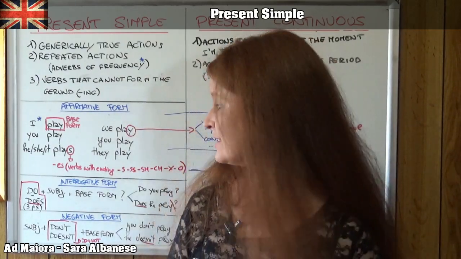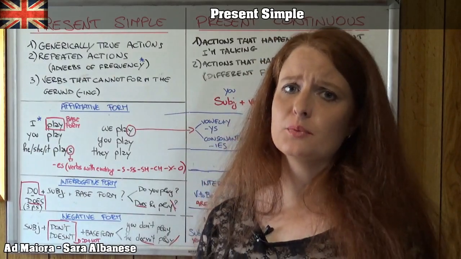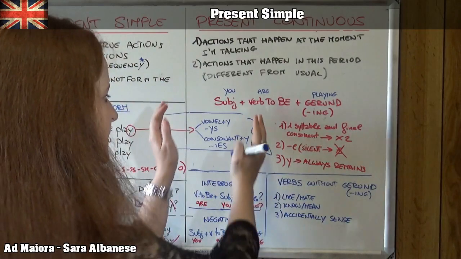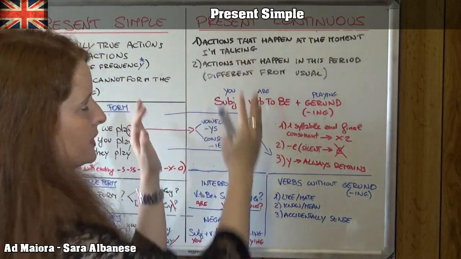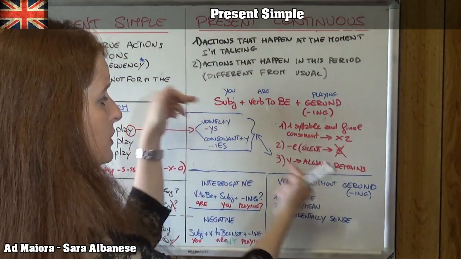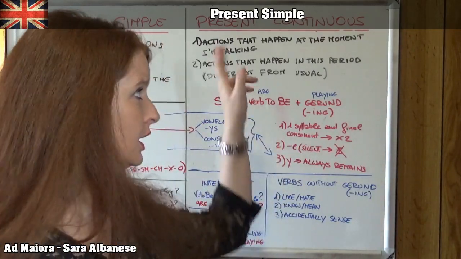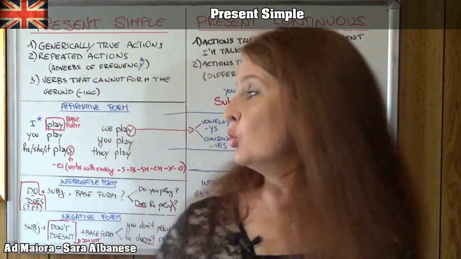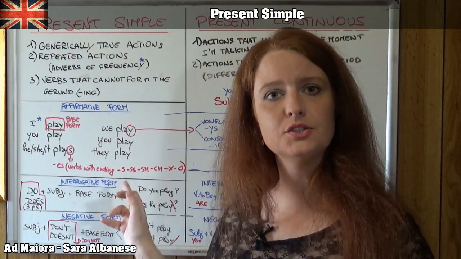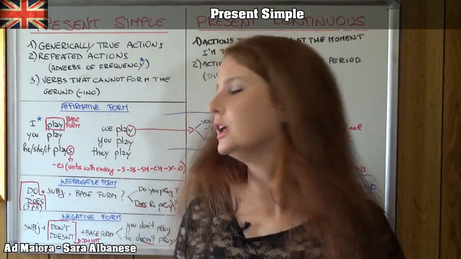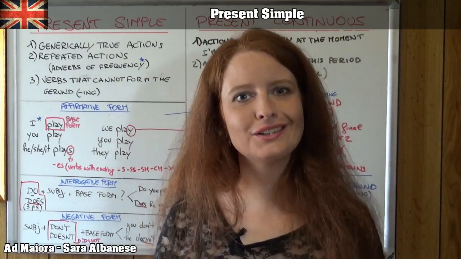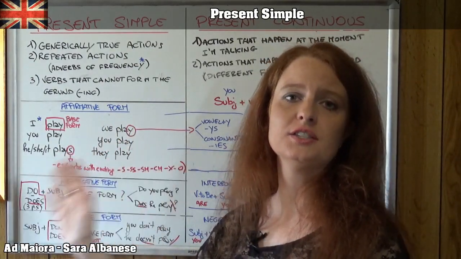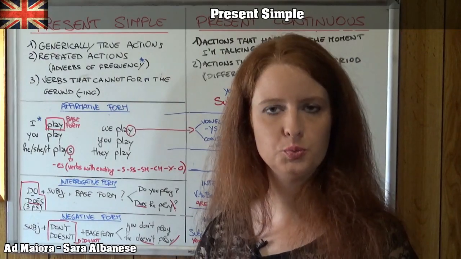Okay? So, another small exception I want to talk to you about is this one, and I've put it between the present simple and continuous because next time we're going to compare this situation with the present continuous. So, the Y. When we have Y at the end of the base form, how can we treat it? In this case, you have seen I just put my S, no problems.